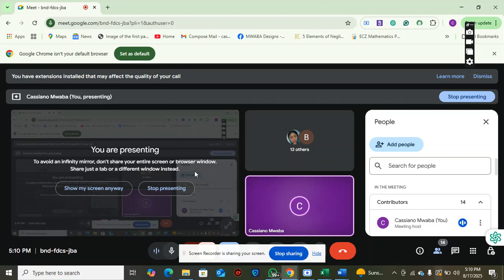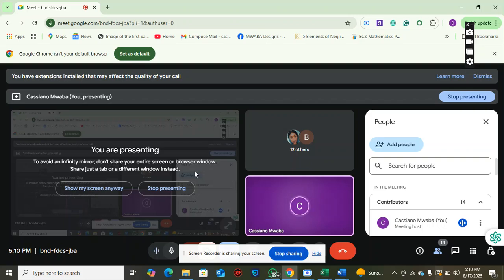Markup is the percentage added to the cost price so that you can get your selling price. Let's say, for example, your cost price is 75 kwacha and your markup is 10%. So you get 10% of 75 kwacha, that is 7.5 kwacha.